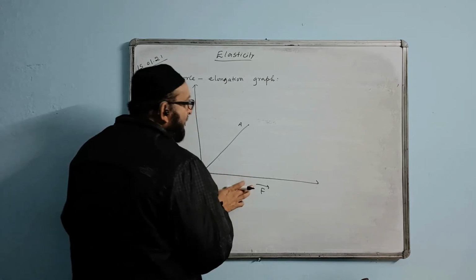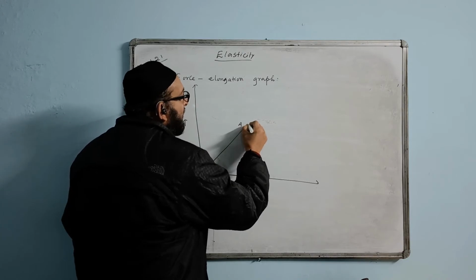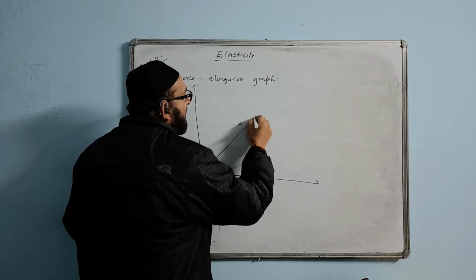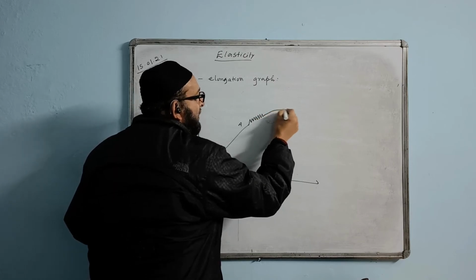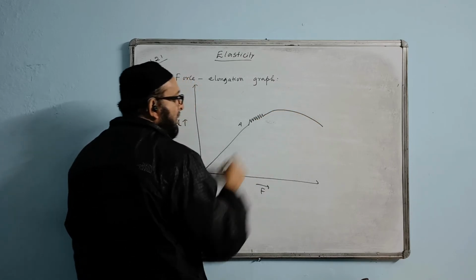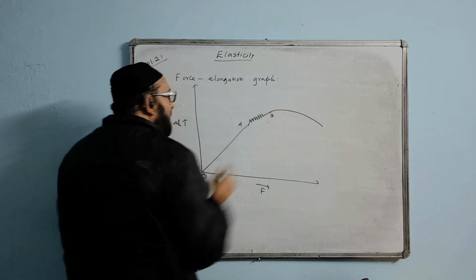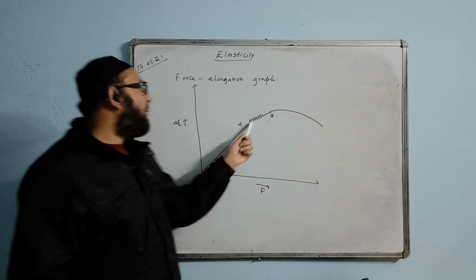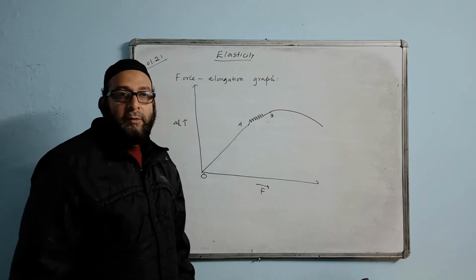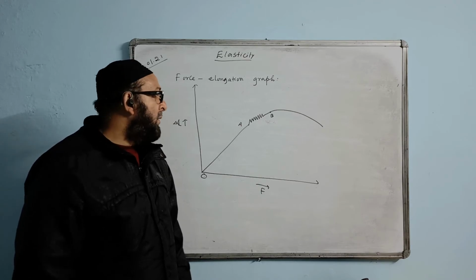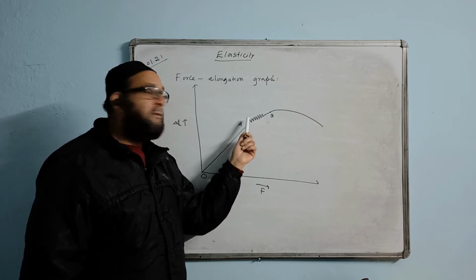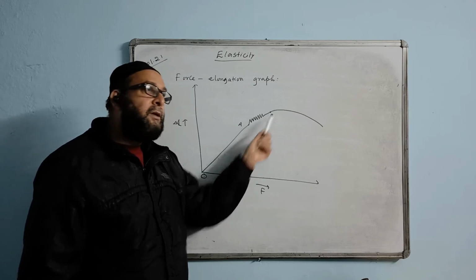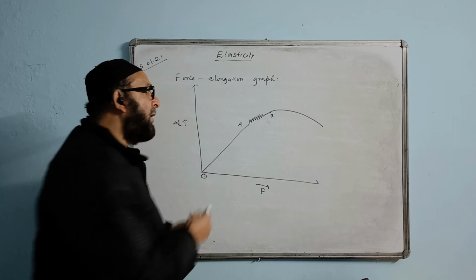On further applying force, kinks or wrinkles are formed. Between A and B, kinks are formed. The point where the kink formation stops is called the yield point, Y-I-E-L-D.